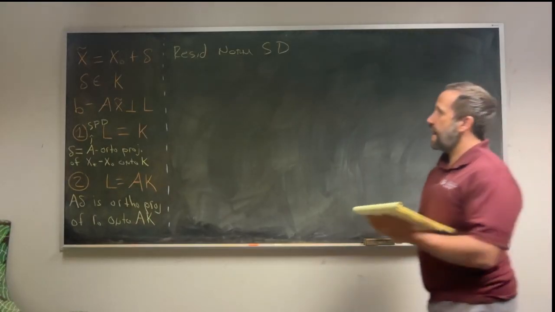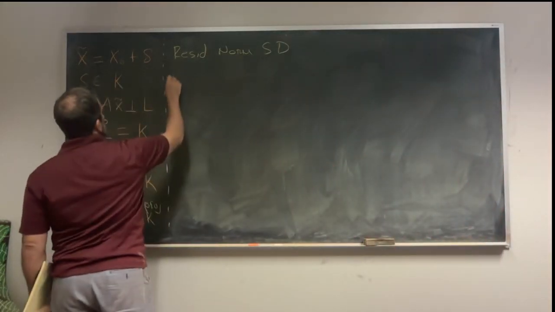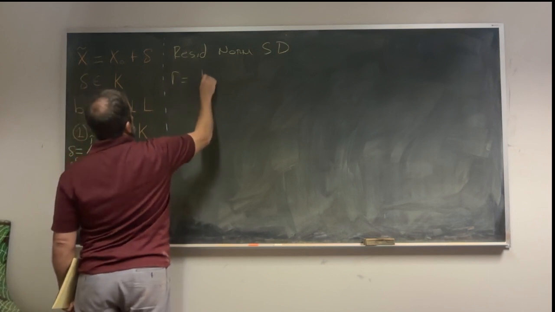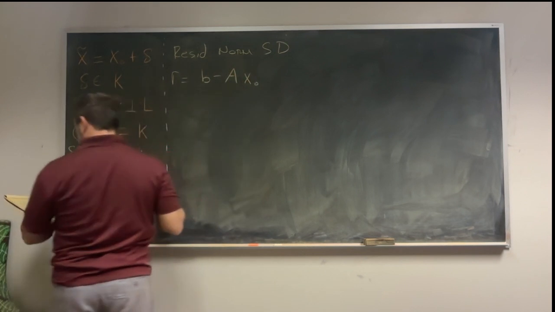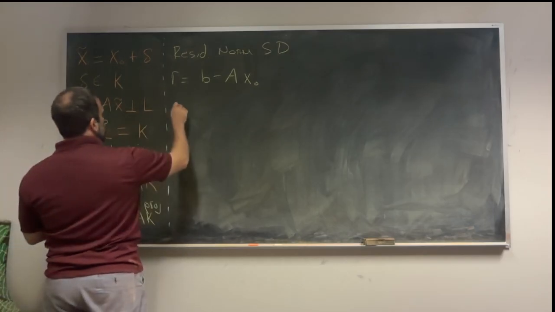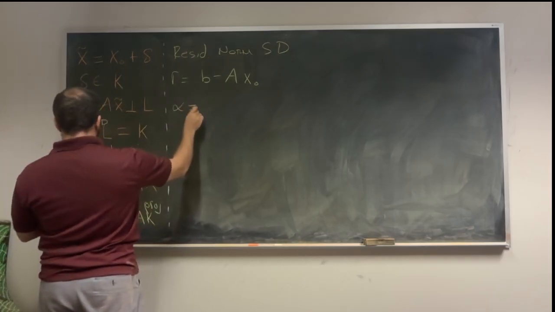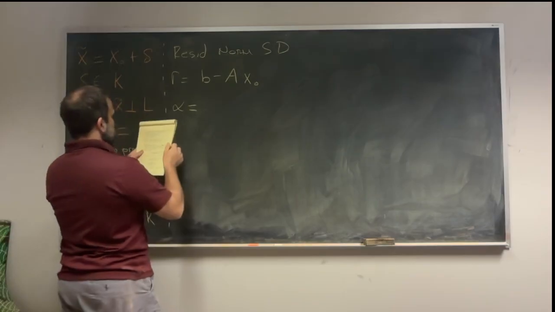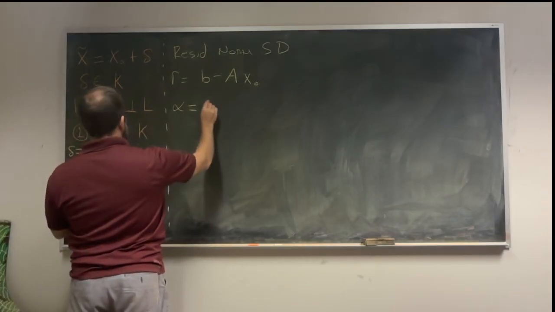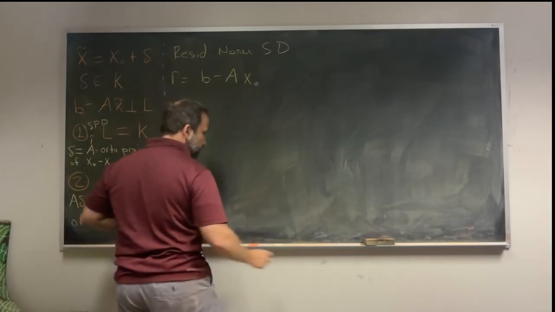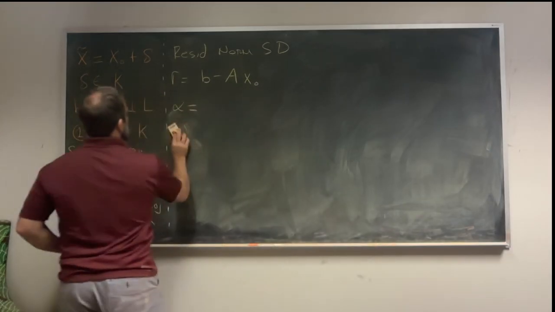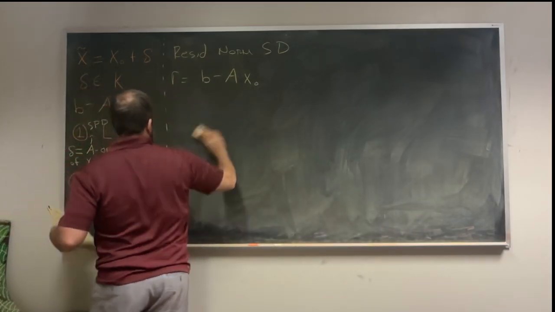Okay, so what is this algorithm? R, as always, is going to be equal to B minus AX naught.